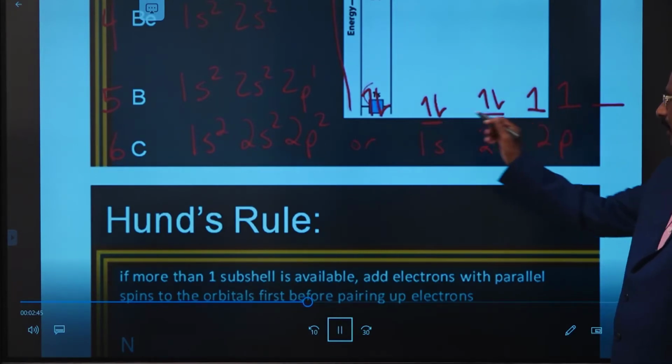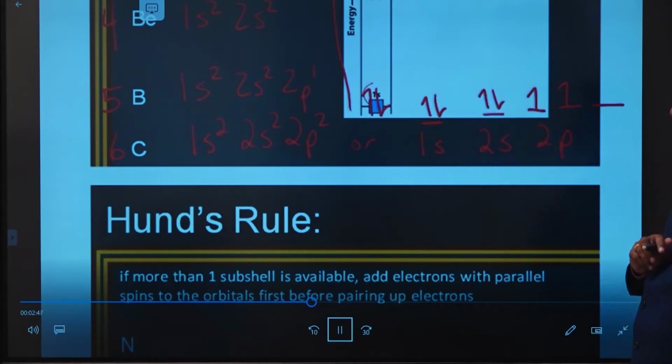This is the electronic configuration of carbon. Atomic number is 6, so according to Hund's rule of maximum multiplicity, its configuration is 1s2 2s2 2px1 and 2py1.